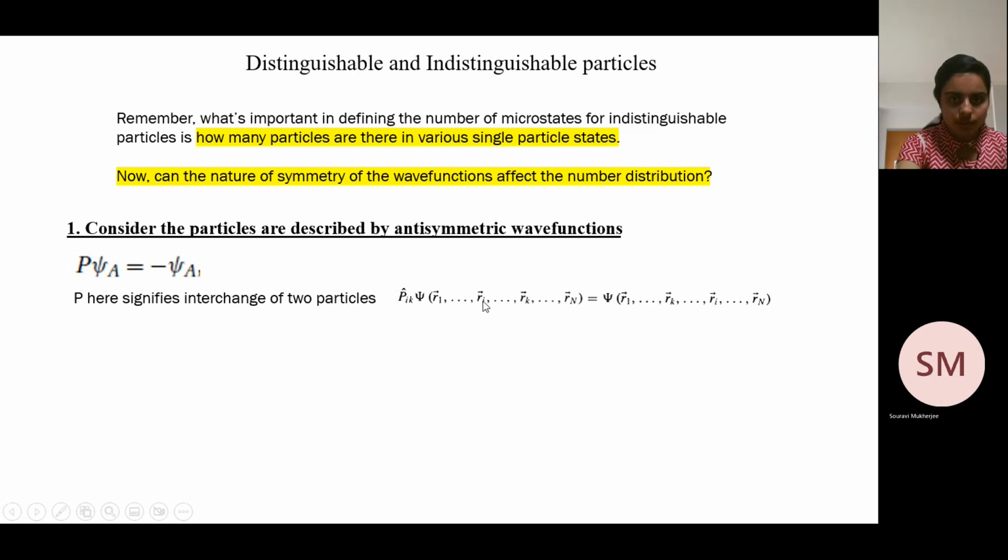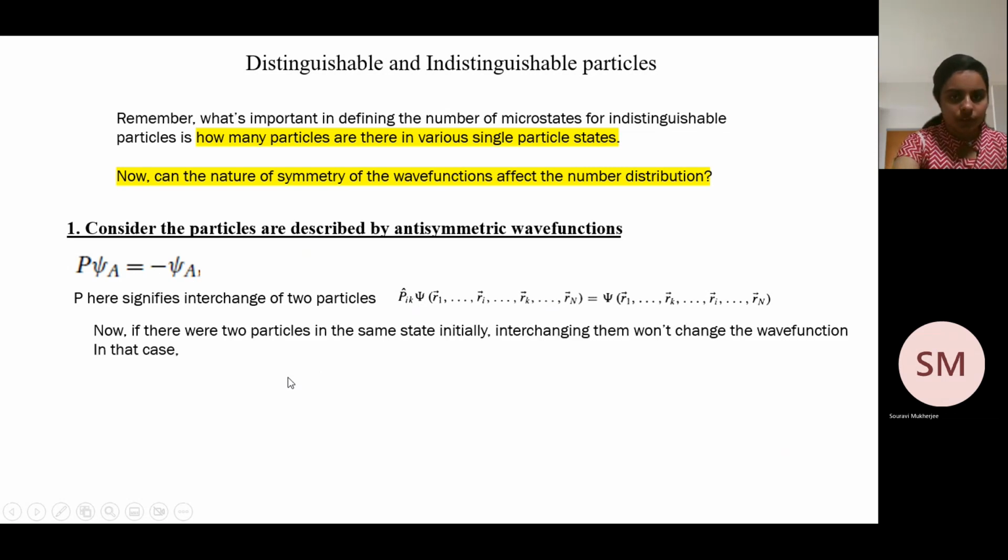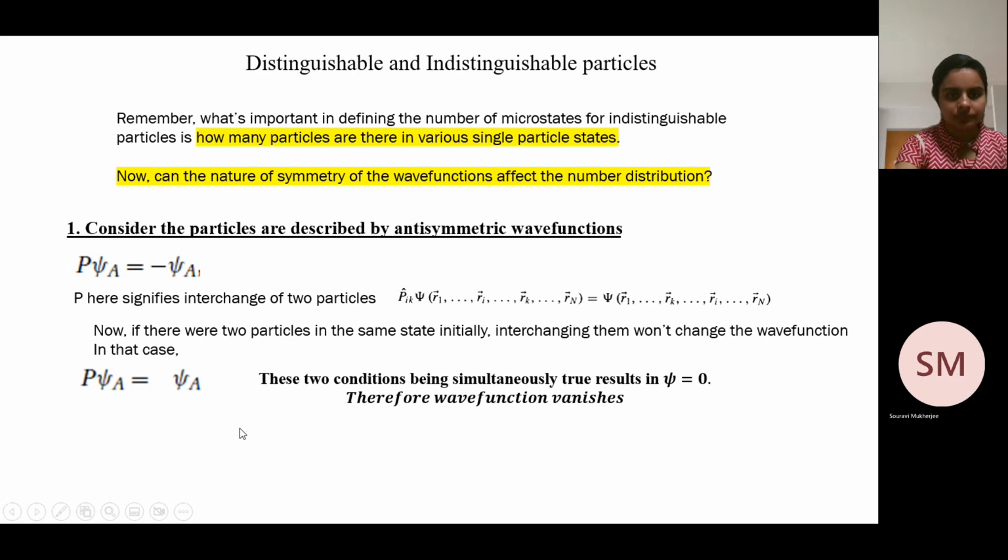If you interchange them, you don't get this minus sign. You get the same state back. So that would give you P of psi A is equal to psi A. If these two conditions have to be satisfied simultaneously, what does this tell you? This tells you that psi A is then 0. That means the wave function vanishes, which is not physically possible.